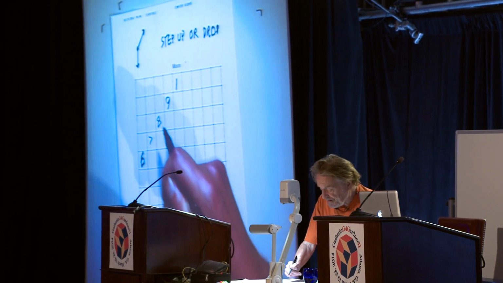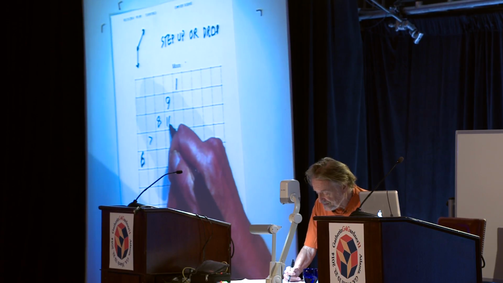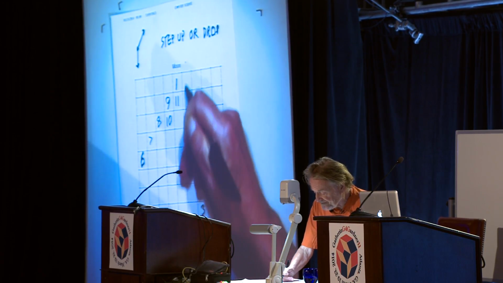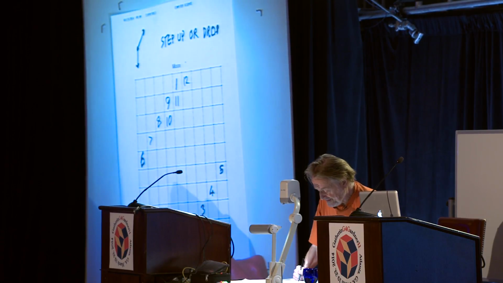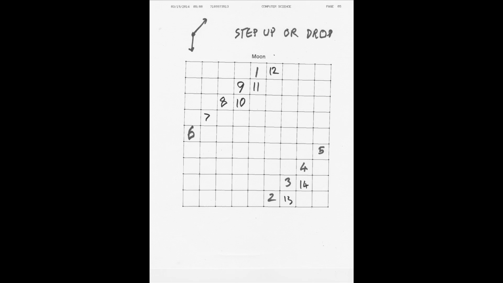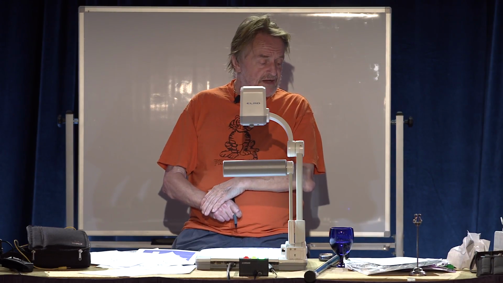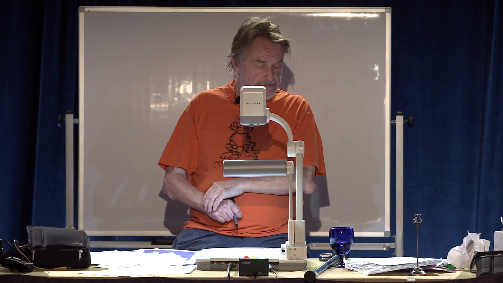Well, when we can't step up, we drop. And then we carry on 10, 11, 12, 13, 14, and so on. You might like to draw some squares on your paper and learn how to do these things. This step up or drop method works for any odd order magic square.